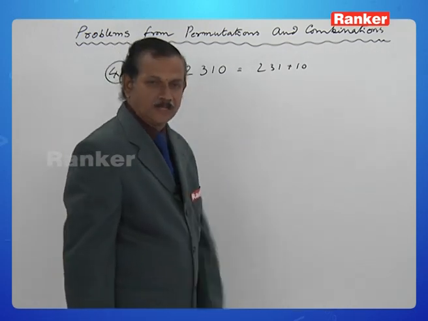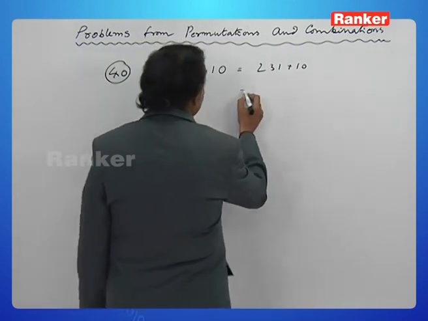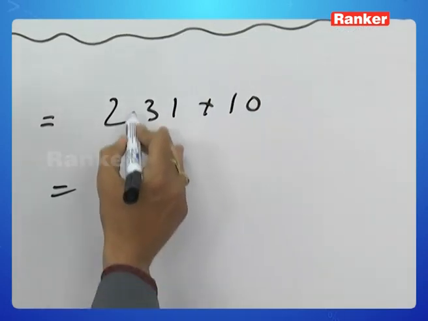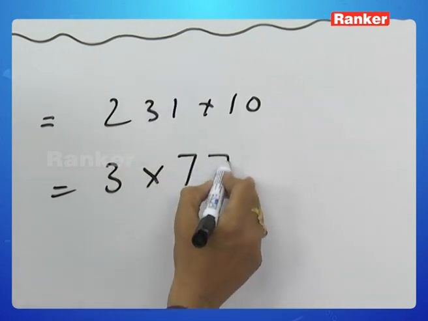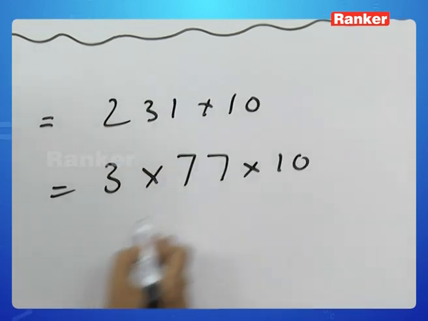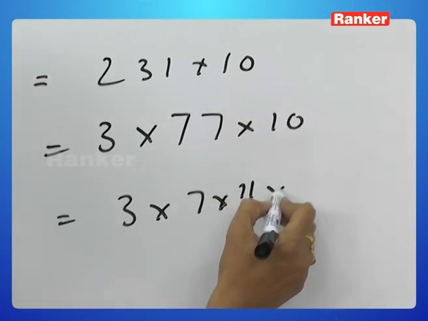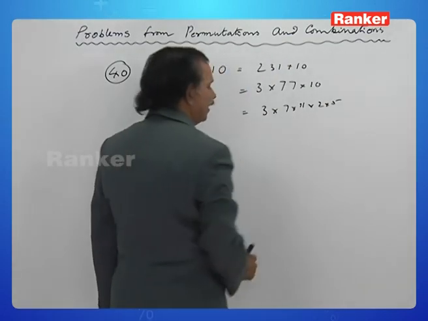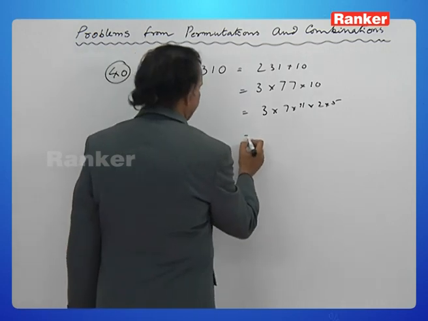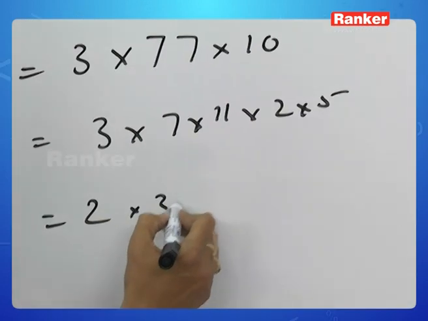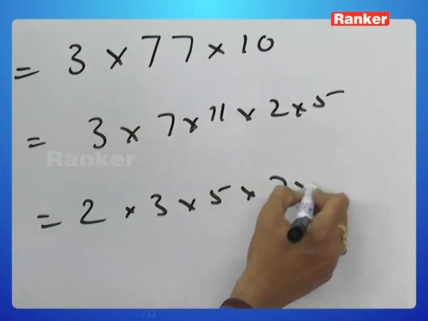It is divisible by 3. Hence 3 must be a factor here. This is equal to 3 into 7, 7 3s are 21, into 10. So that this is 3 into 7 into 11 into 2 into 5. Let us form them in a particular order: 2 into 3 into 5 into 7 into 11.